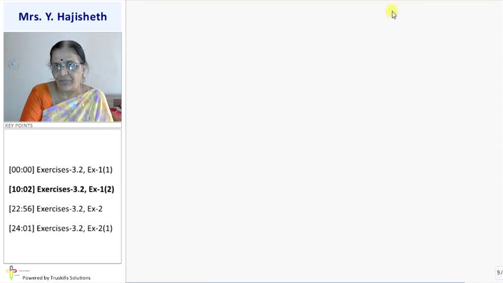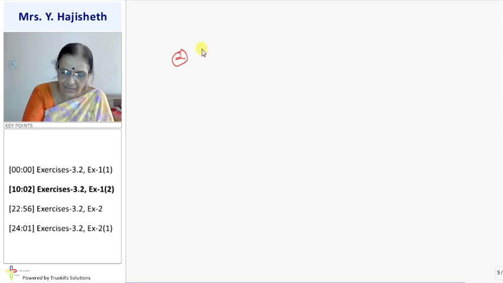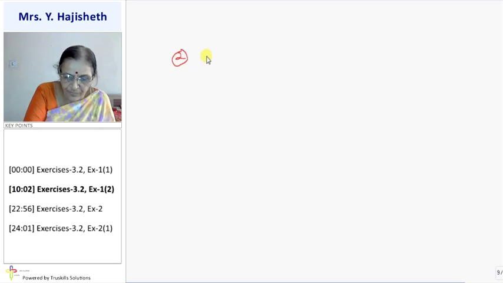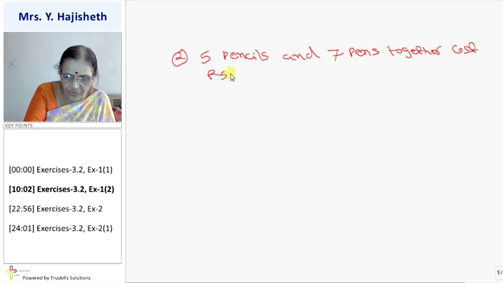Now see, another example I am giving you. The problem is given. From the problem you have to form this system of linear equations and then solve graphically. 5 pencils and 7 pens together cost rupees 50.